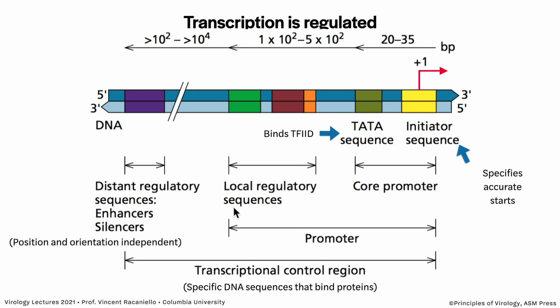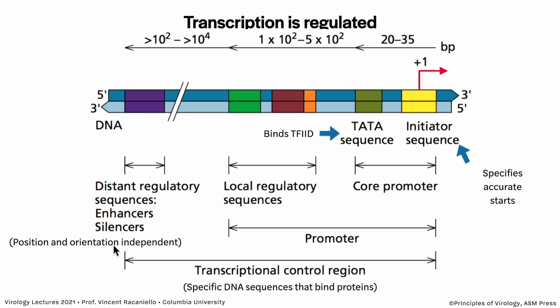And then even further upstream, from 100 to over 10,000 bases upstream, you can have distant regulatory sequences like enhancers or silencers. And the names tell you what they do. Enhancers enhance transcription, silencers repress it, and they do so at a distance. They're position and orientation dependent. All right, so that is the way that transcription is regulated. And all these proteins, there are many, many proteins that are involved here.